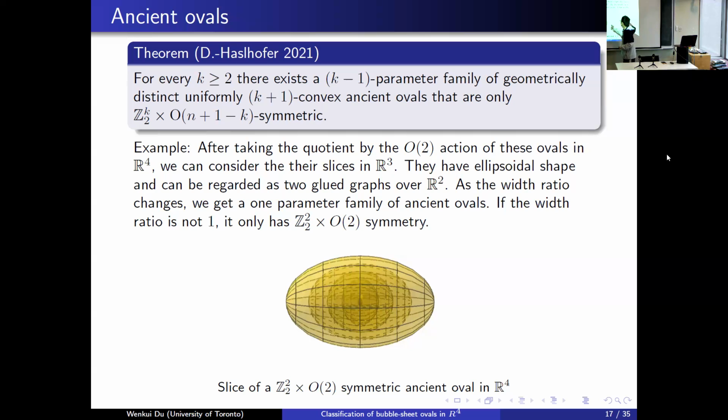In the R^3 slice, it looks like ellipsoids. Its shape is controlled by the width ratio of the X1 axis over the X2 axis. If the width ratio is 1, it's the unique O2 times O2 symmetric ancient oval. More generally, it only has Z2 times O2 symmetry.